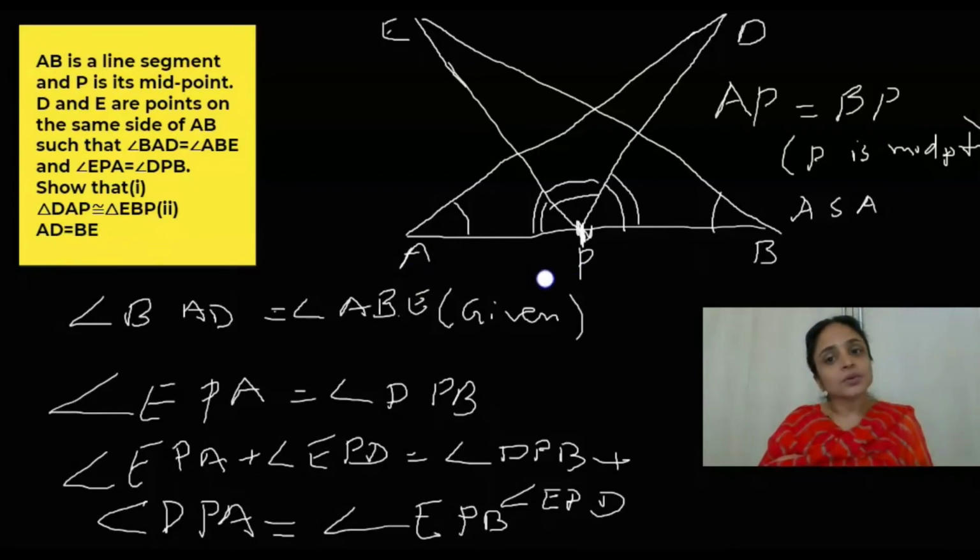Will AD be equal to BE? Since triangle DAP is congruent to triangle EBP, this AD and BE are the corresponding sides of these two triangles which are congruent, and from the CPCT rule, that is corresponding parts of congruent triangles, we can say that AD is equal to BE. Okay, understood?